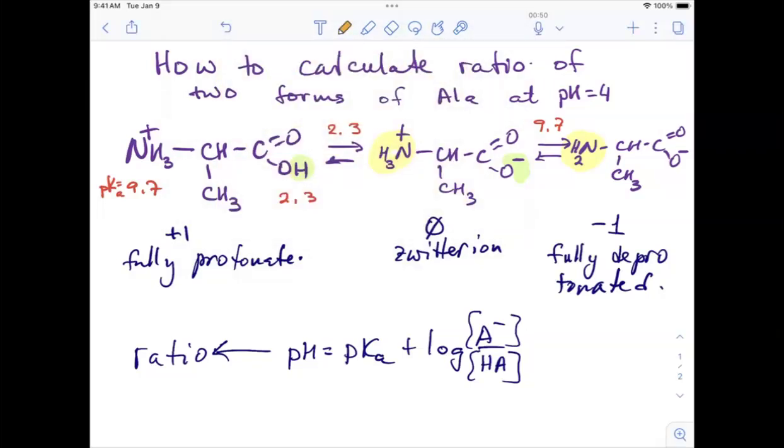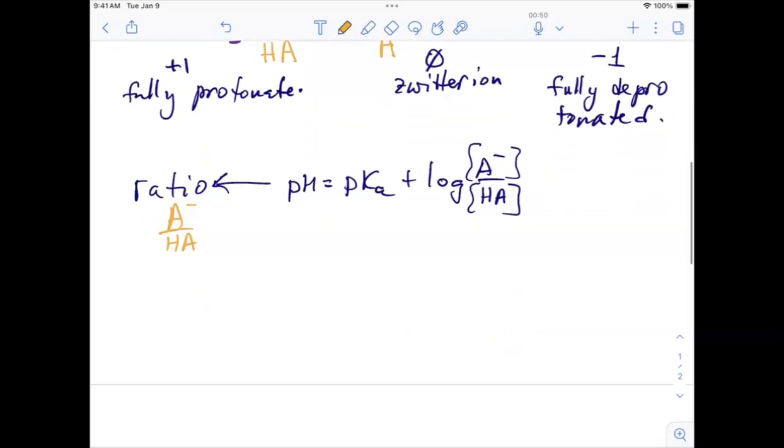Since we're working with pK 2.3, for this pKa, HA protonated is the +1 form, and deprotonated A minus is the Zwitter ion. If we were working with the other pKa, it would shift the other way. To get the ratio, A minus over HA, we just need to rearrange our Henderson-Hasselbalch equation.